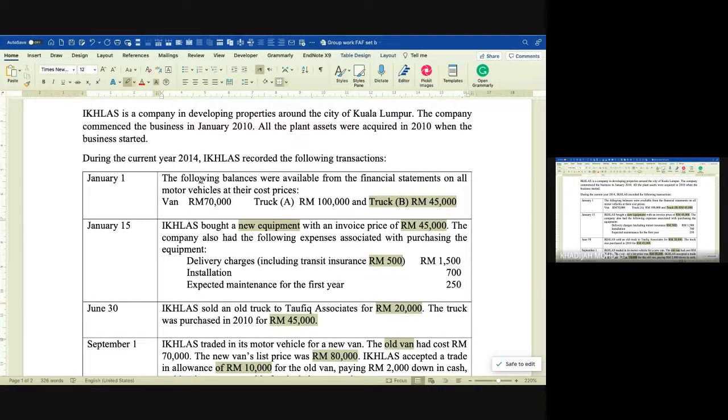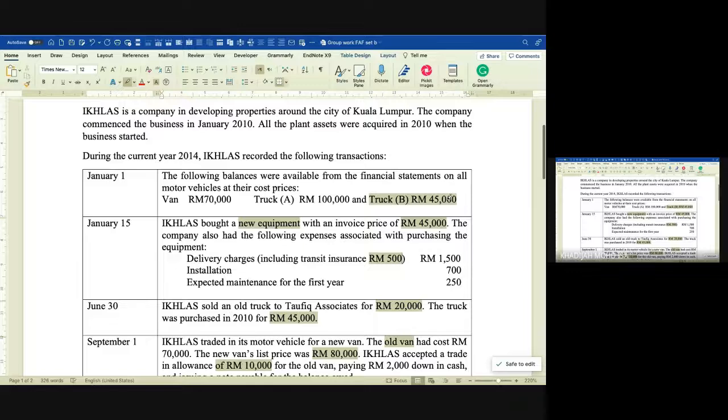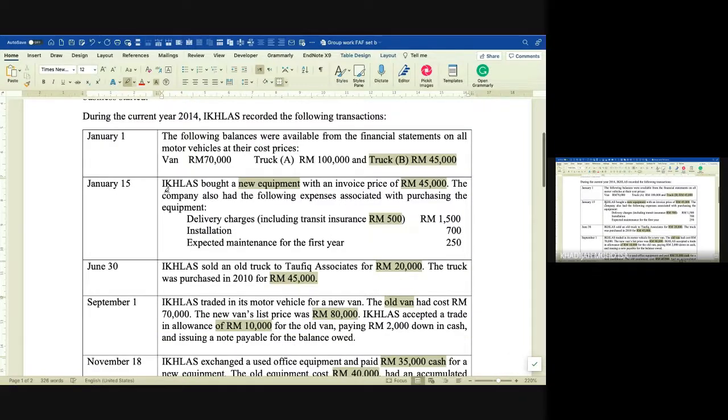So there's no journal entry for January 1st because this is the opening balance of your assets. So you have van of 70,000, truck 100,000 and another truck B for 45,000. And how are you going to record January 15? So January 15 is the new equipment. So you can name the account as new equipment.